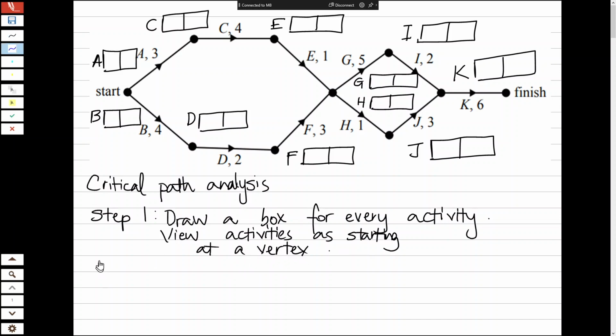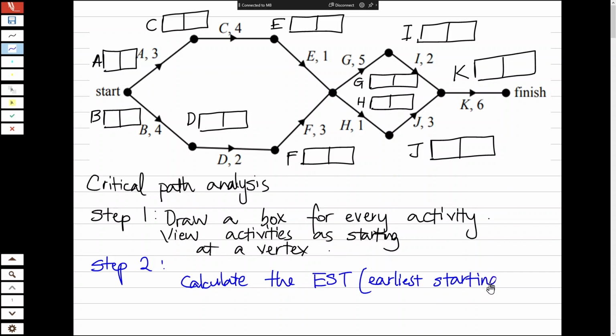Okay, step two. We're now going to calculate what's called the EST. EST stands for the earliest starting time. And this step is called the forward scan.